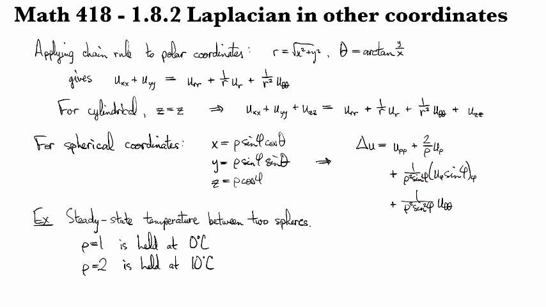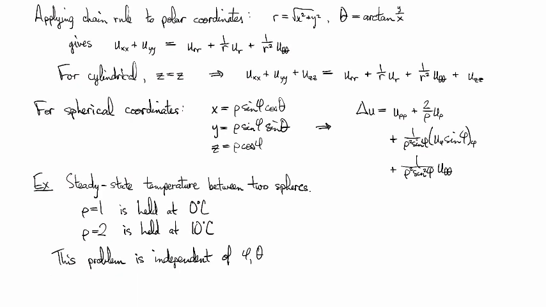Okay, so this problem is clearly independent of phi and theta, because the boundary conditions are constant all the way around these boundary spheres here.